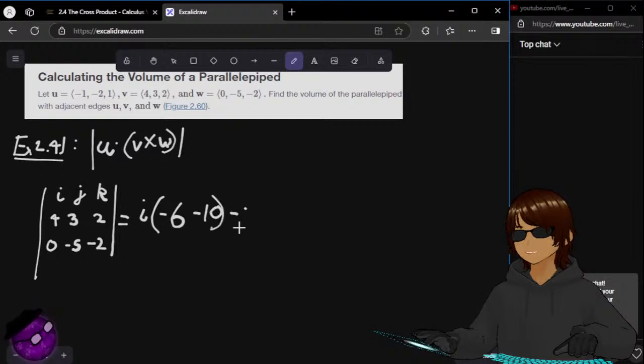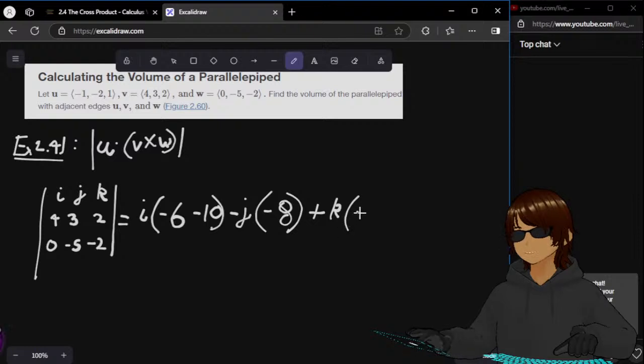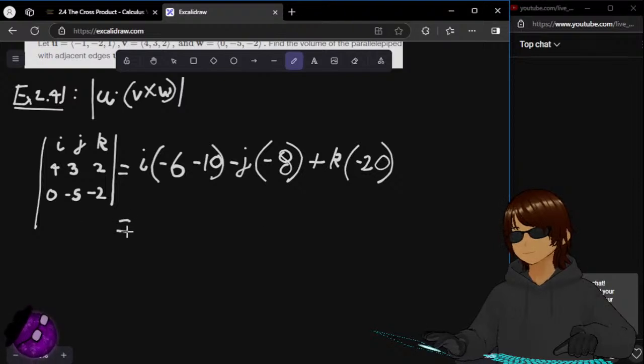And then we do minus j: 4 times minus 2 is minus 8, minus 0. And then 4 times 5 is 20. And then putting it all together, minus 16, 8, and minus 20.